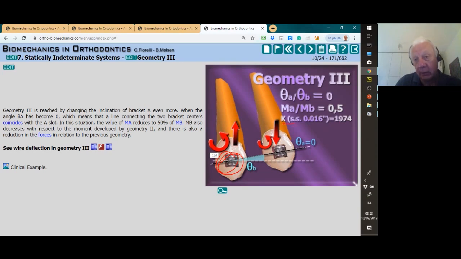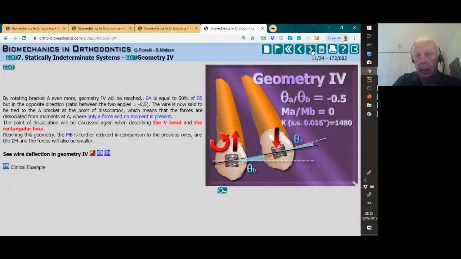And this depends on the reduction of this value. The ratio is 0.5. And in geometry 4, we have an angulation which is open in the opposite direction now, no moment. This moment is also reducing. The forces are reducing.